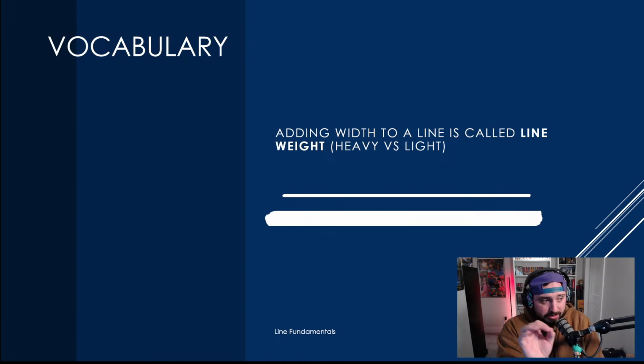And the harder you pressed, the more of the material would come off of the object you were using to paint or draw or sketch, right? So more of that material gets onto the page. It's heavier. It's a thicker line. So that's where that term line weight comes from, okay?